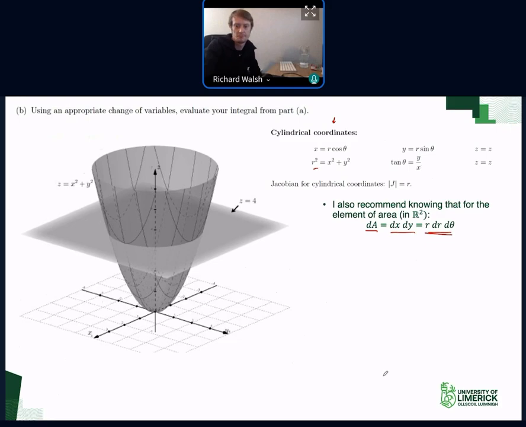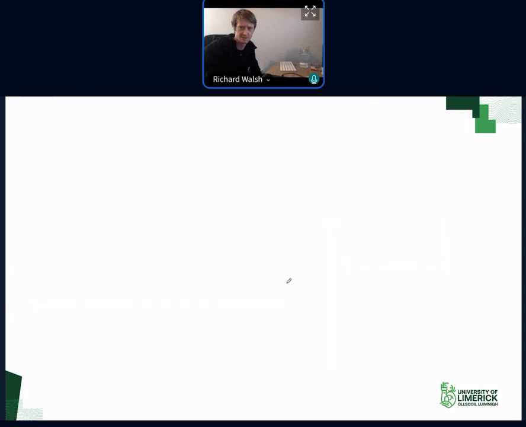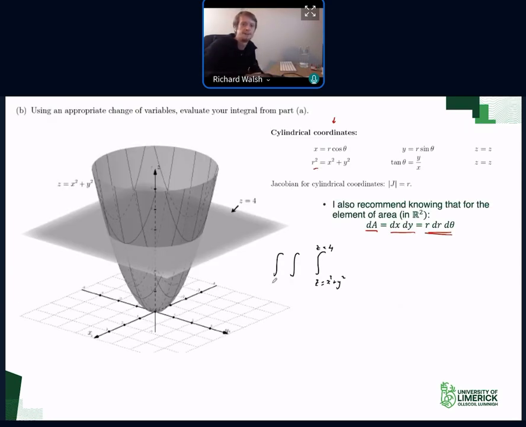So I'm going to take down my integral again. It was x squared plus y squared up as far as 4. The next one was y between minus the square root of 4 minus x squared and the square root of 4 minus x squared.